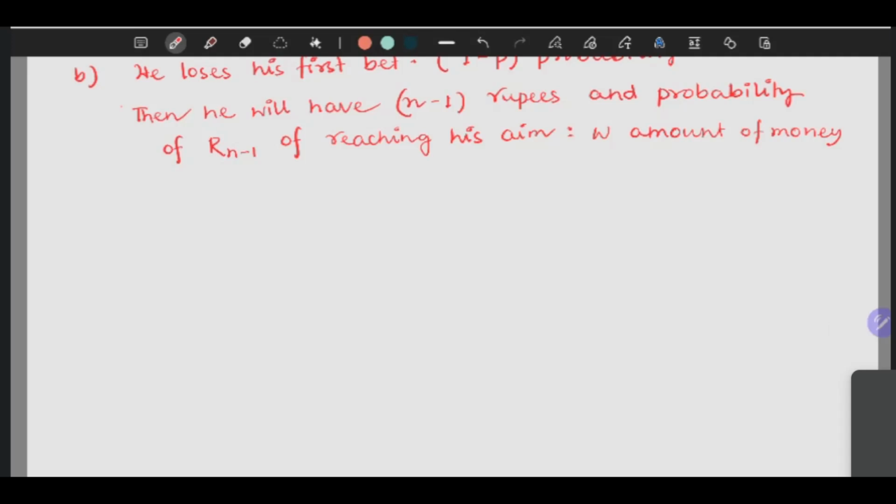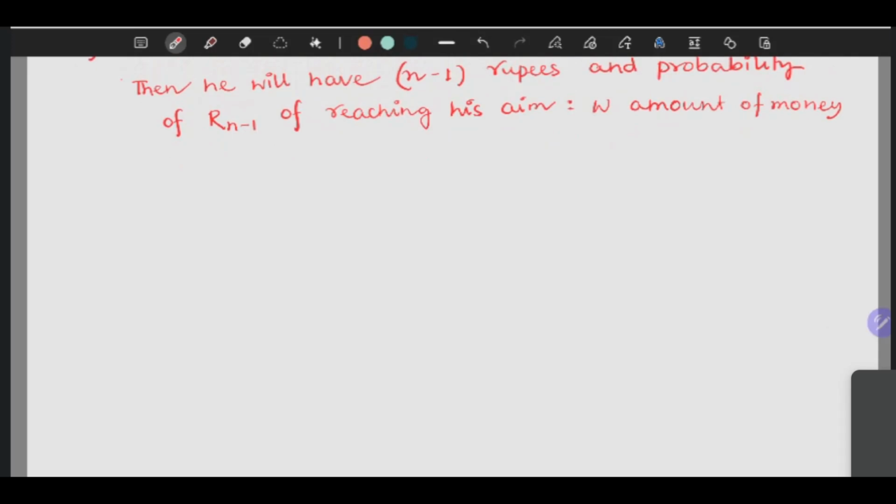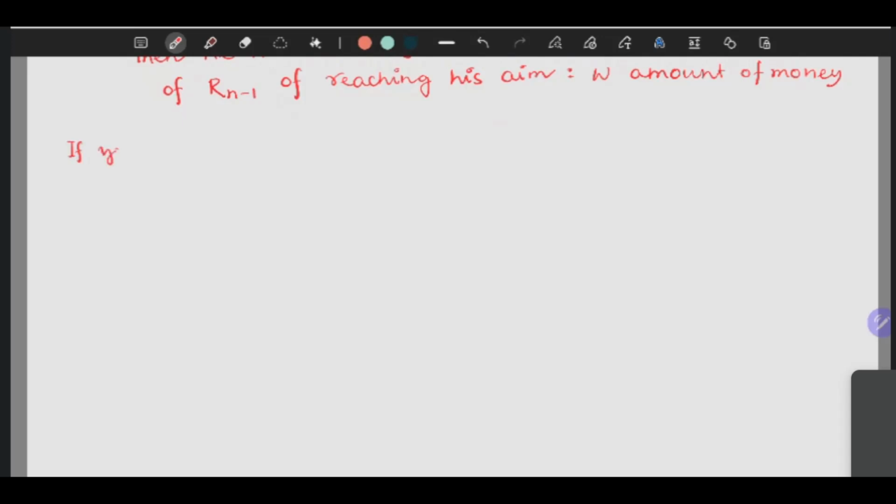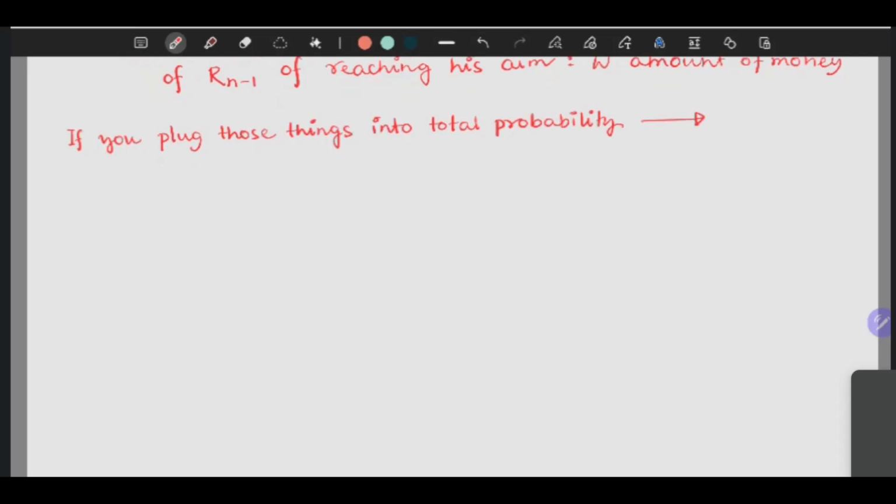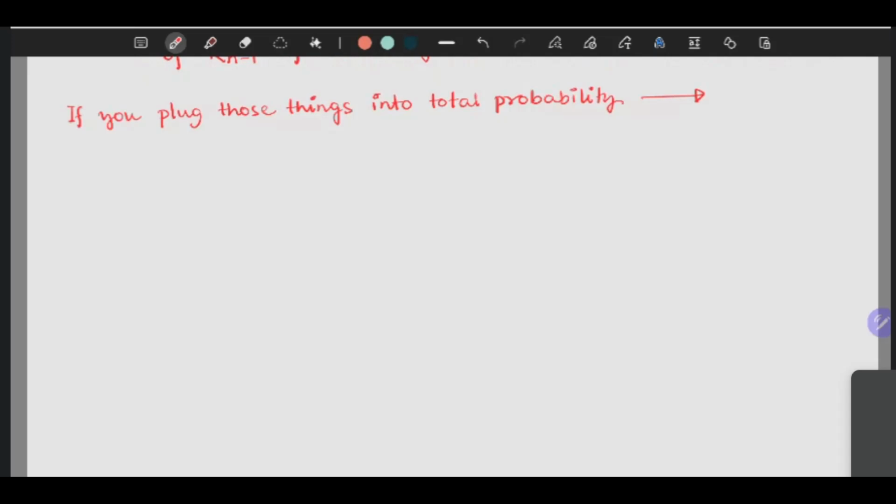If you plug those things into the total probability, then it gives Rn equal to P Rn plus 1 plus 1 minus P Rn minus 1.